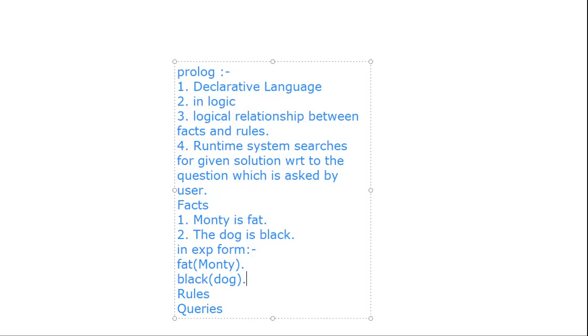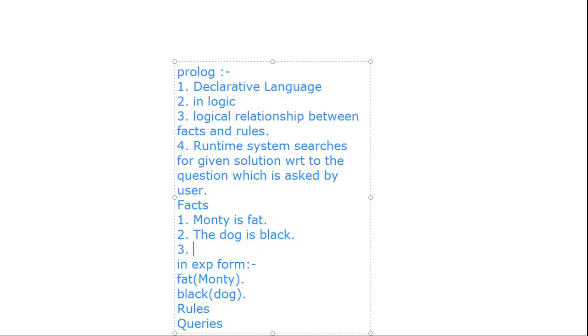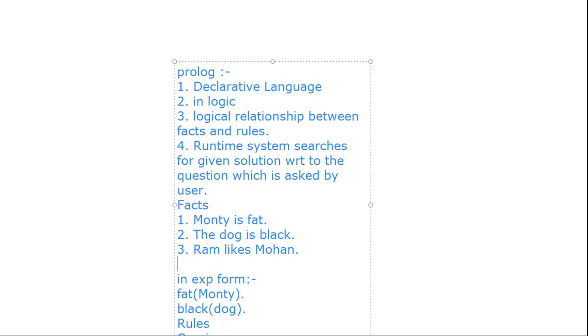Now, suppose we want another example of how these rules work. This is a similar way of expression form having those rules. And I'm taking another fact. Suppose Ram likes Mohan. So this is the way: Ram likes Mohan. And you have to write rules with respect to this. So likes, and who is liking whom. So Ram is liking Mohan.